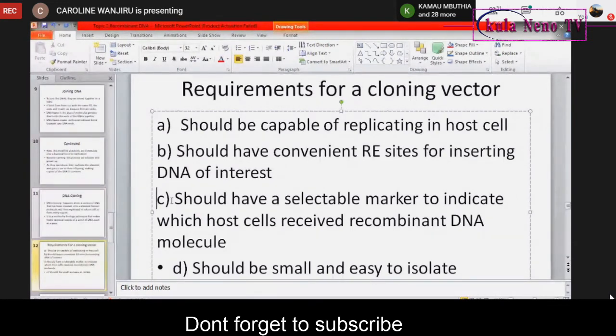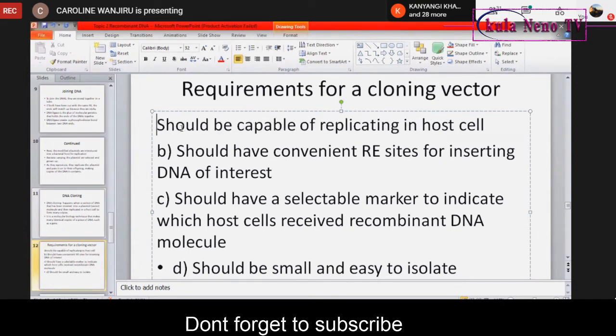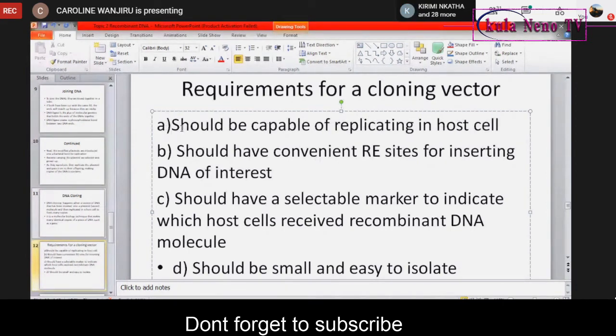Not all are able to do that. So for you to be able to get a good one, that's going to be important. It should also have convenient restriction enzyme sites for inserting DNA of interest. That means not all vectors have these sites. So for the one that you're going to choose, you must make sure that it has convenient sites for inserting DNA of interest.